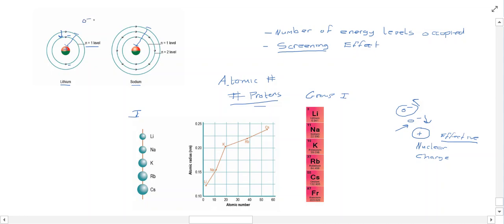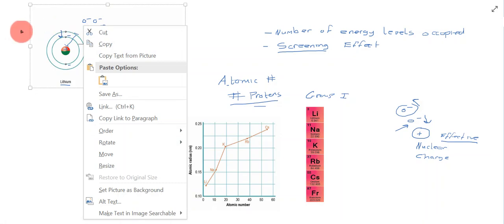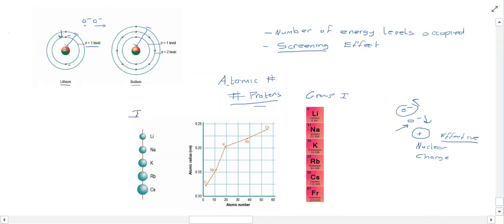Imagine this is a negatively charged electron, and this is the other negatively charged electron. They're actually going to repel each other. This one is going to want to push this way, and this one is going to want to go the opposite way, like so.